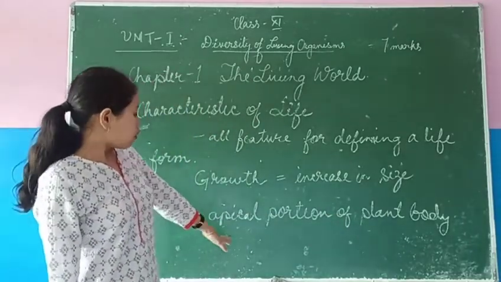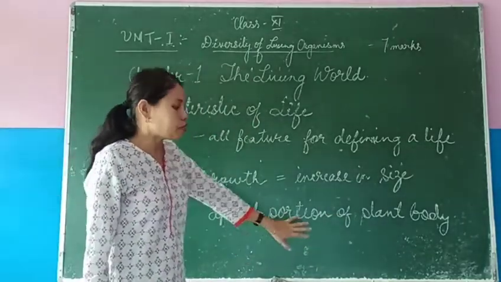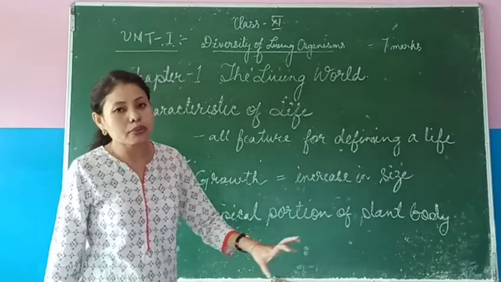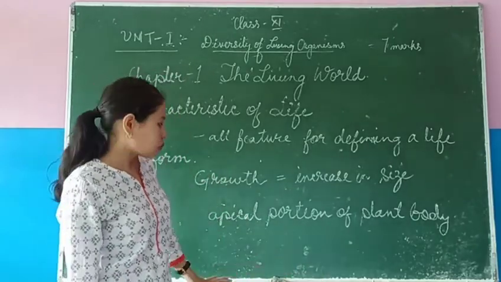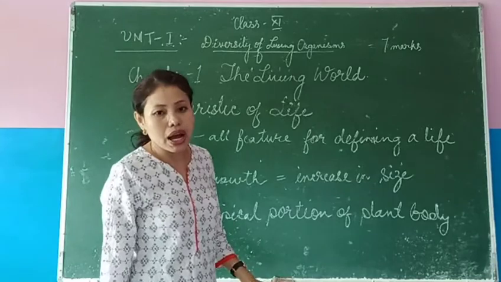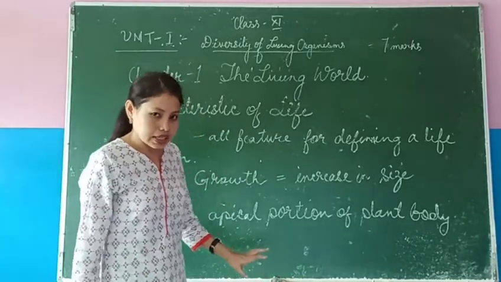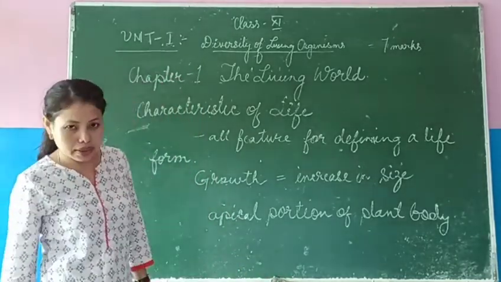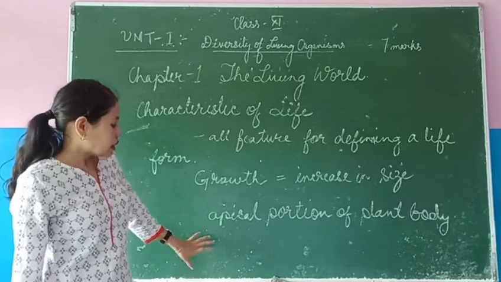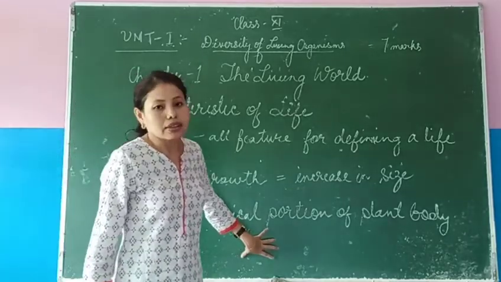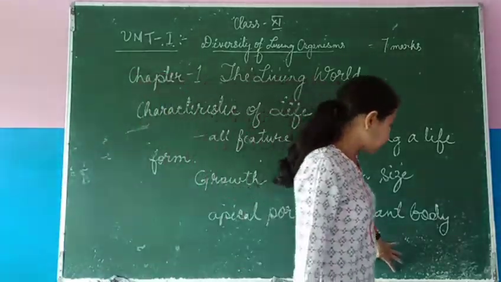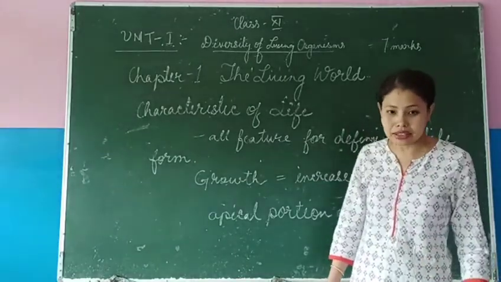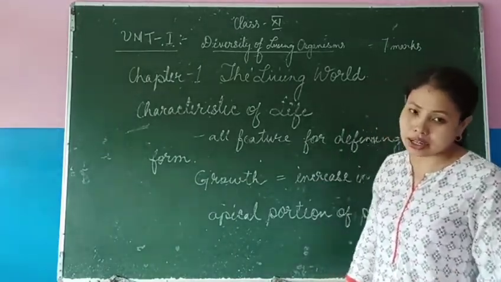So in the case of plants, certain parts tend to grow. However, other parts of the plant remain as they are, so there is no growth in other parts of the plant. And this growth in plants occurs throughout their life, until they die.